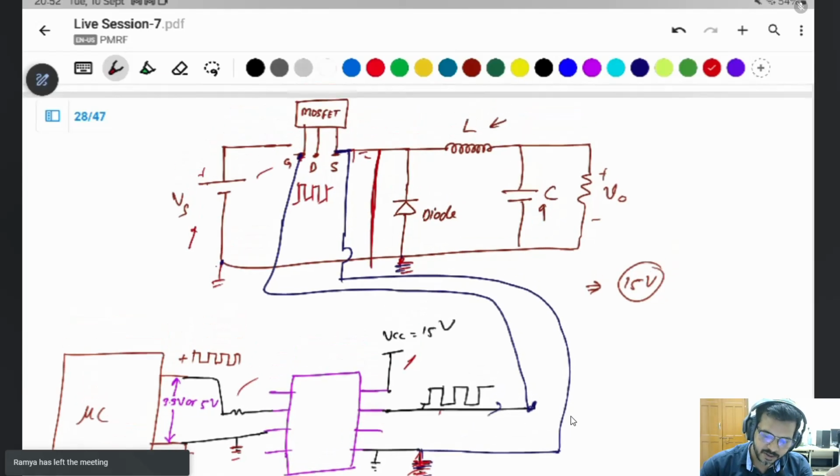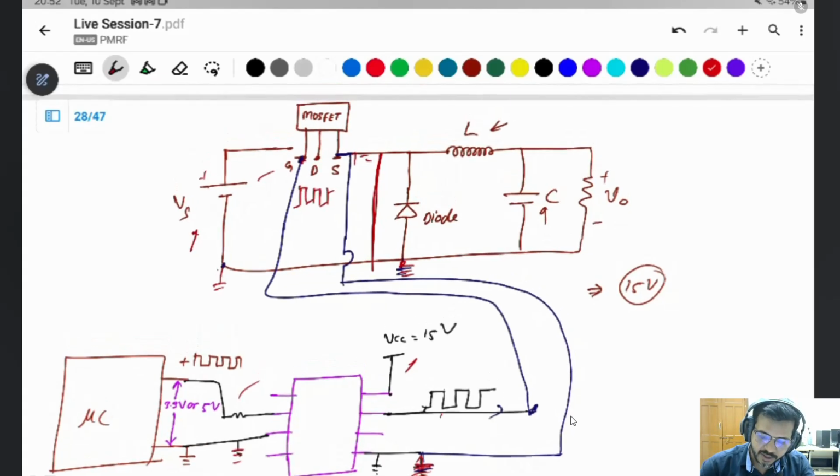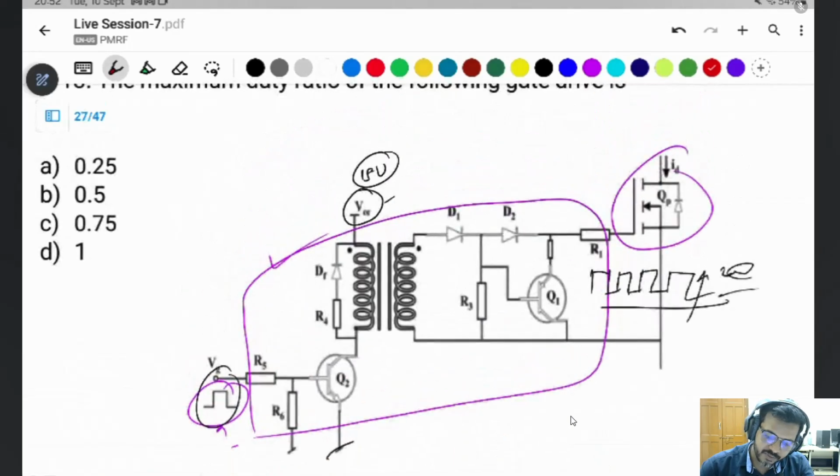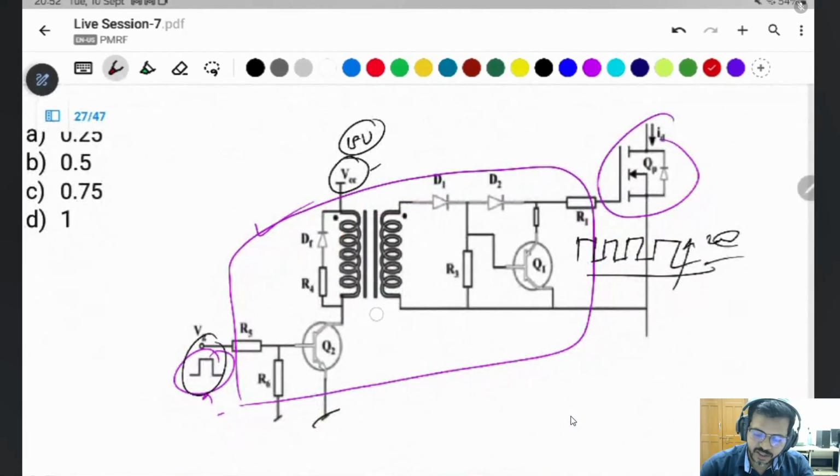It means you need to isolate the driver supply and the driver. That's why there is a need for an isolated driver. This is the transformer to isolate the input side and output side of the driver.